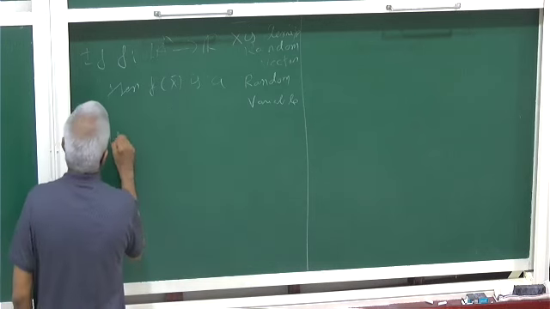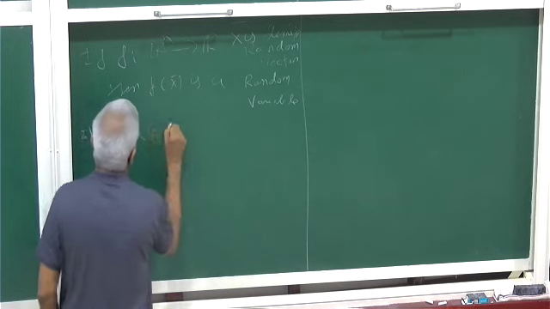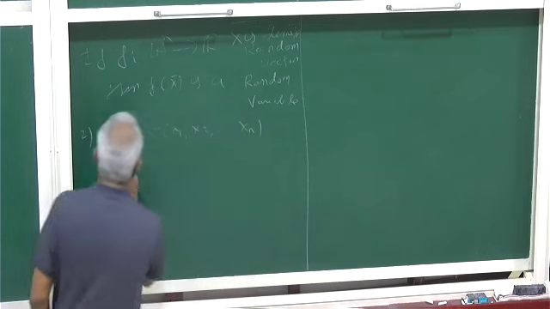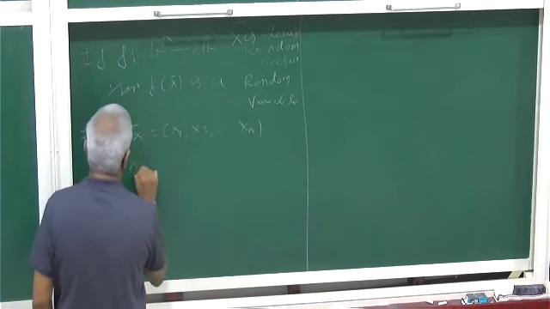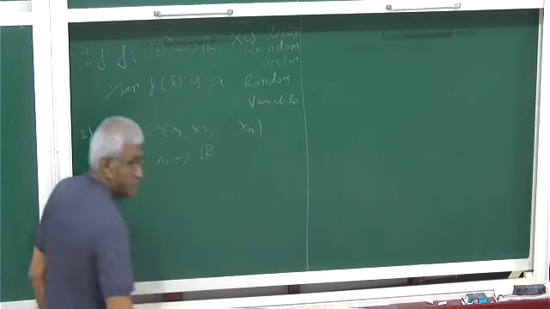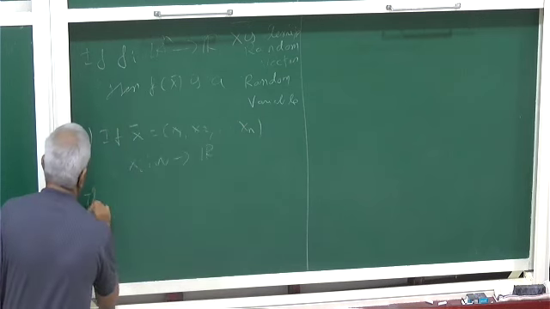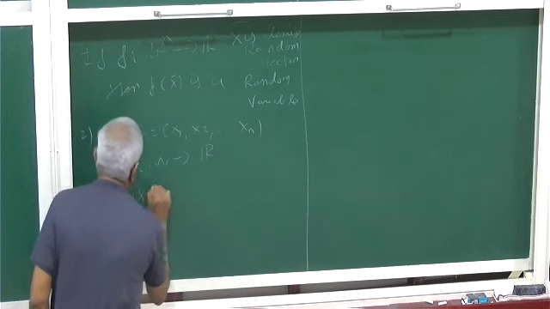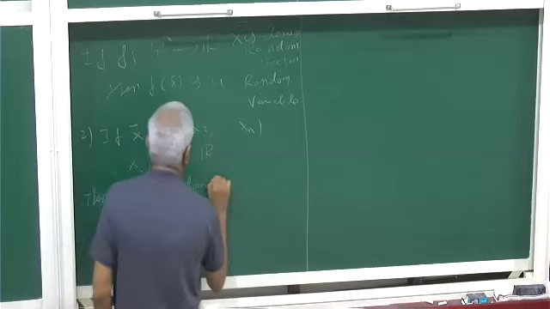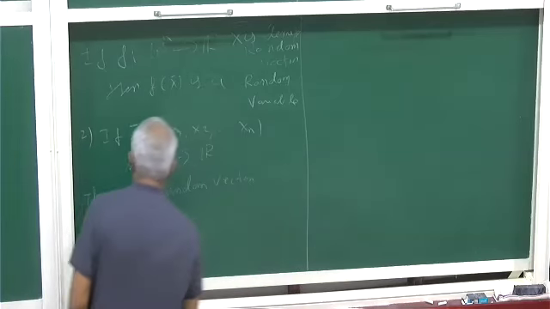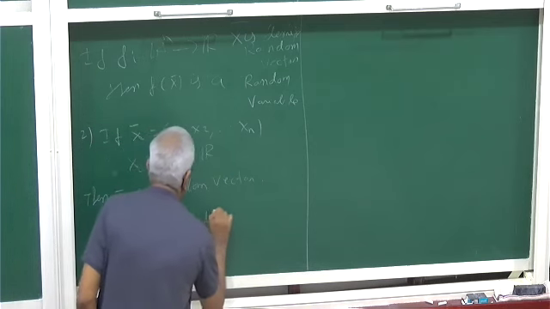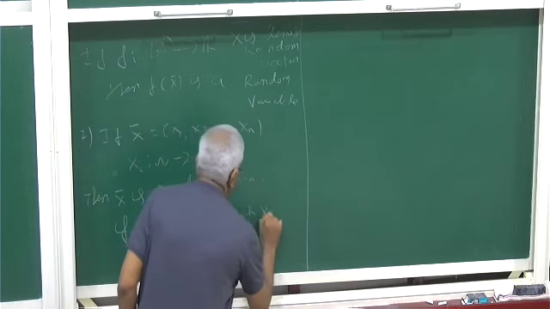If X bar equals (X1, X2, up to Xn), where X bar and each Xi are from omega to the real line, then X bar is a random vector if and only if each Xi is a random variable.